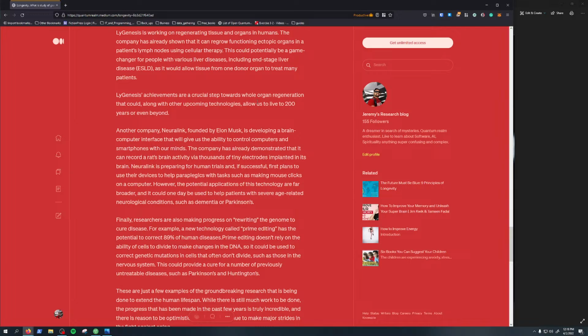Another company, Neuralink, founded by Elon Musk, is developing a brain-computer interface that could give us the ability to control computers and smartphones with our minds. The company has already demonstrated that it can record a rat's brain activity through thousands of tiny electrodes implanted in the brain.